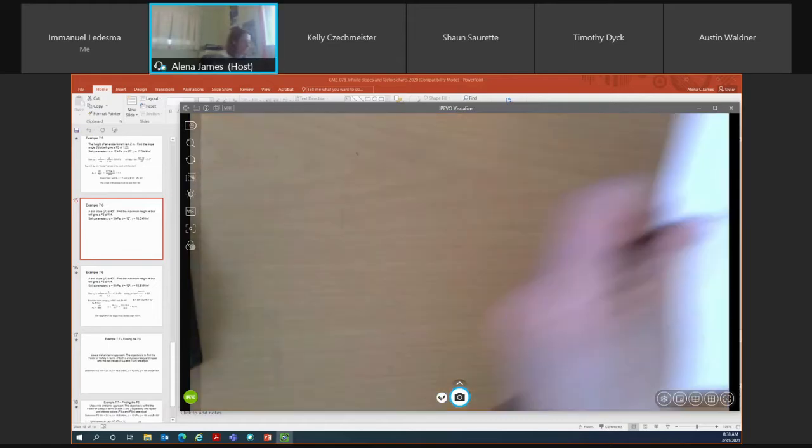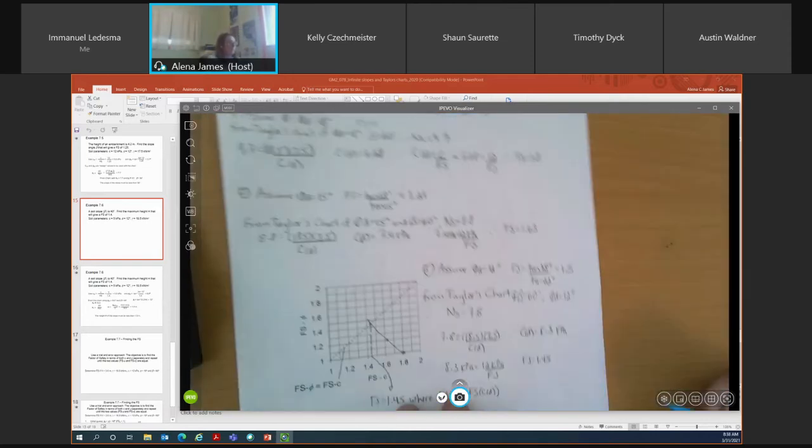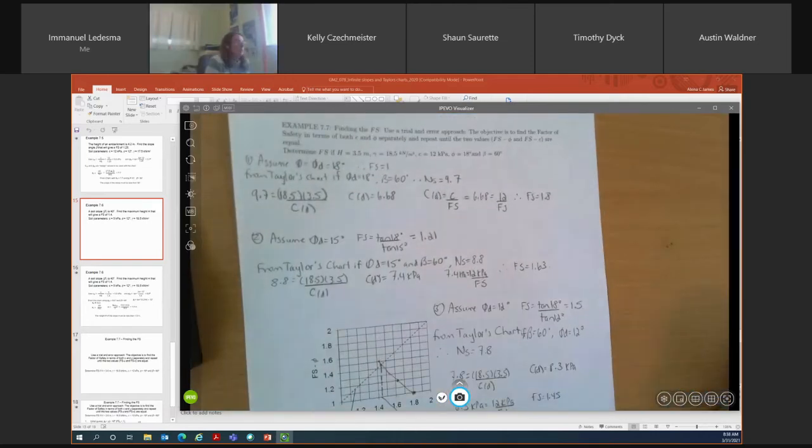Has anyone started to work on any of the example problems? Yeah, some of them. Okay. Have they been making sense, Kelly? Yeah, it's pretty easy to follow along. Okay. Yeah, this unit, I think, for this test, is a little bit easier to follow along. And some of it's a review from your hydrodynamics, so I think that's good.